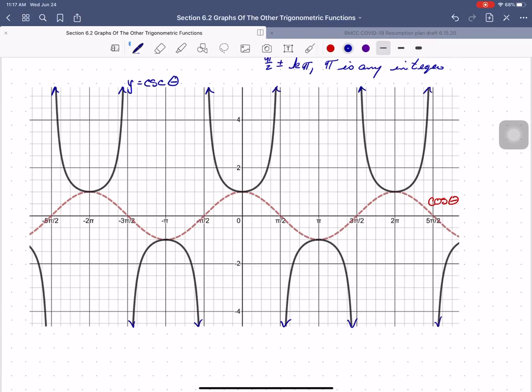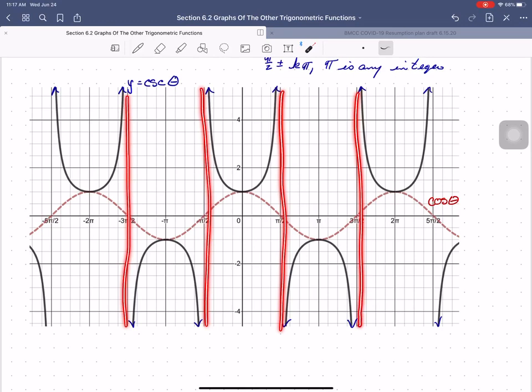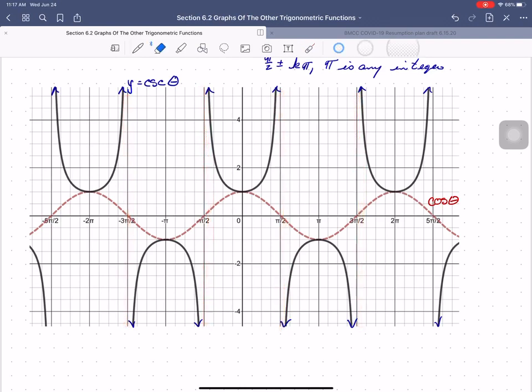We notice we've got some vertical asymptotes here and here and here. And we also notice that this function secant, I'll fix that in a second, secant actually never crosses the x-axis. Okay? So let's talk about this.